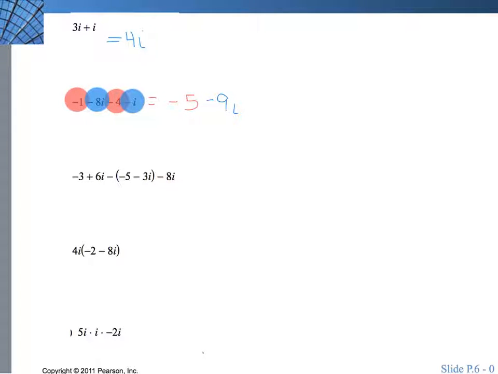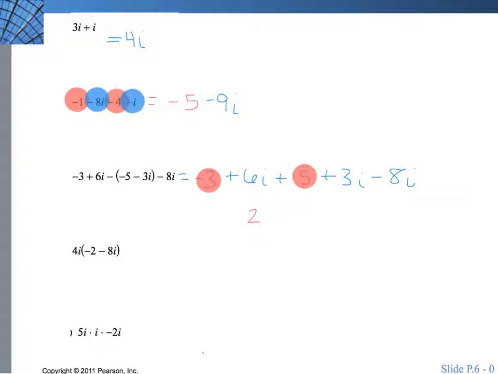And I'll do this third one and let you work on the bottom two. So I would probably start this one by distributing that negative. So I have -3 plus 6i plus 5 plus 3i minus 8i. And then again, grouping like terms. Let's see, I have a -3 and a 5. Those put together to be 2.